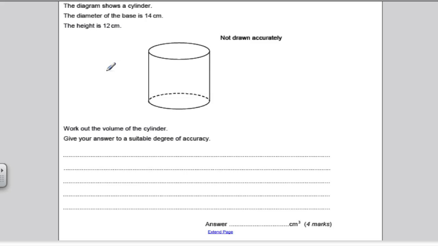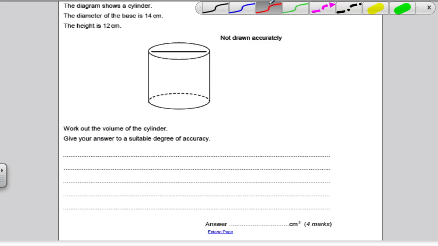Okay, so although it doesn't look like a circle question as such, it is involving some of the circle theory we've talked about here. The diagram shows a cylinder. The diameter of the base is 14 centimeters. So that's saying that this distance here, the diameter, is 14.